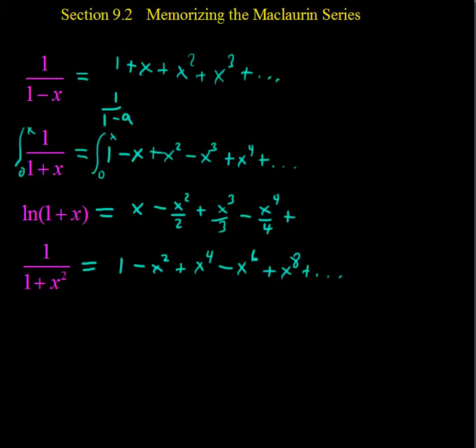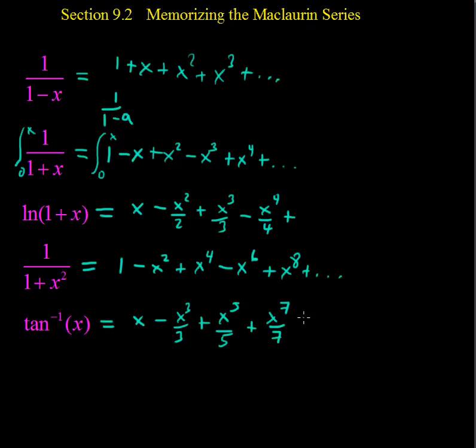All right, so that gives us 1 over 1 plus x squared. And the whole point of that is if we integrate both sides of this, the integral of 1 over 1 plus x squared is arctan of x. So then we can take the integral of this one, and we'll get x minus x cubed over 3 plus x to the fifth over 5 plus x to the seventh over 7.